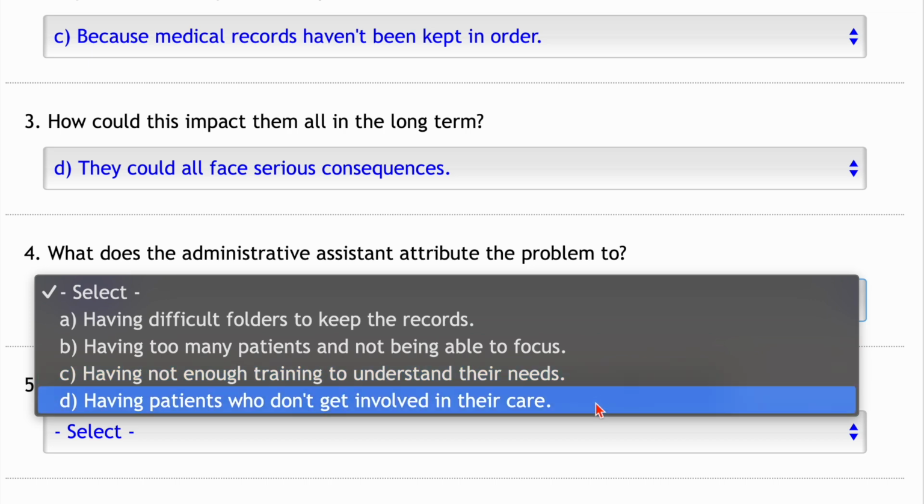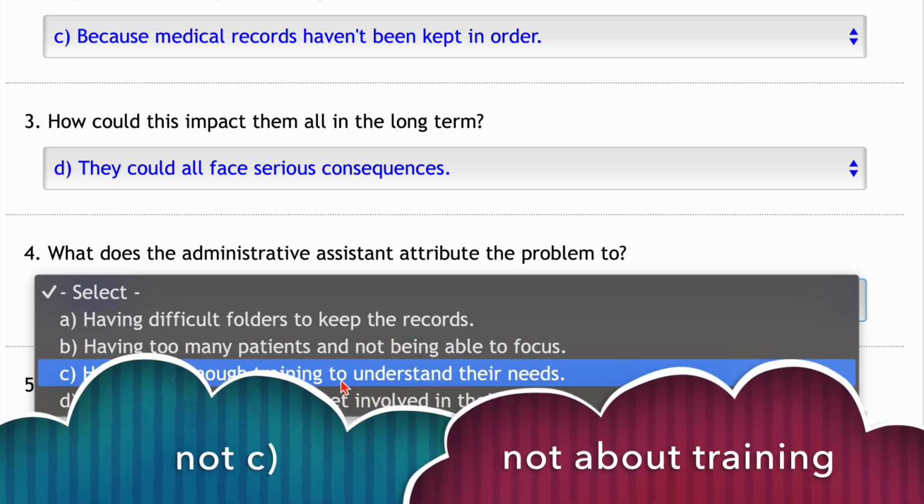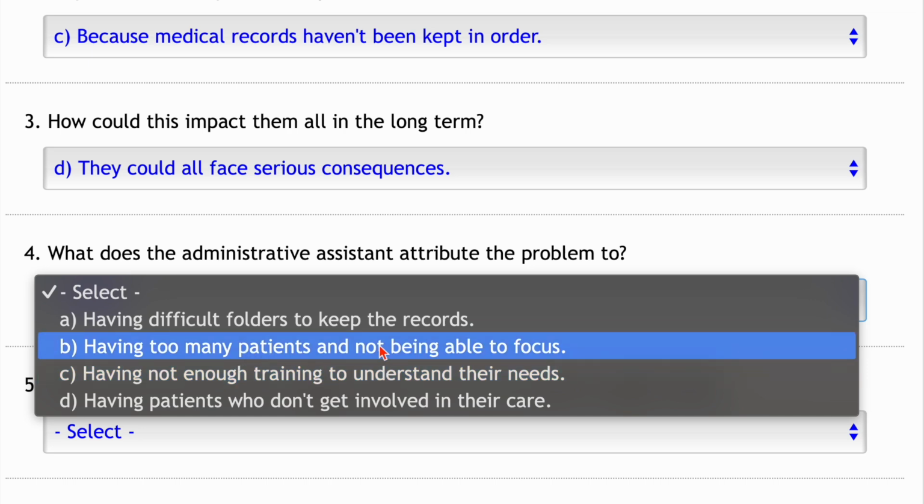Having patients who don't get involved in their care. I didn't hear about training. So, not enough training. She didn't mention that. Also, she didn't mention patients who are not able to focus.